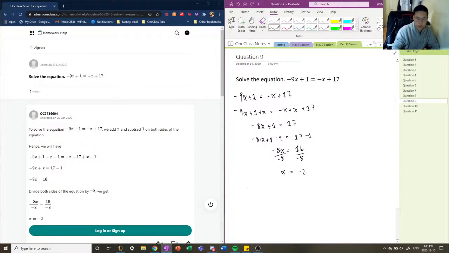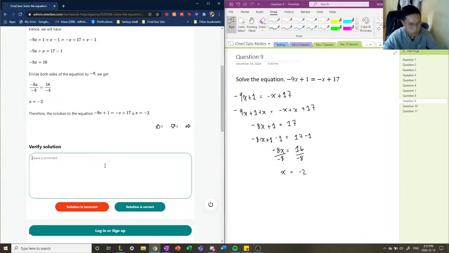Therefore, we manipulated this equation to find our value of x, which will make these two expressions the same, which is x equals negative 2. The solution is correct. Good stuff.